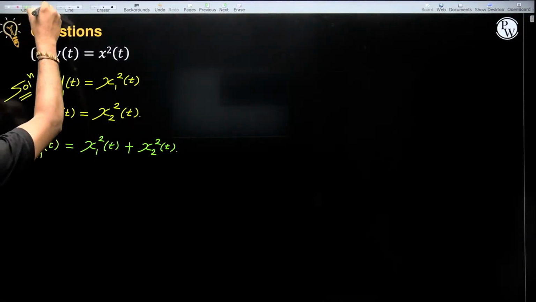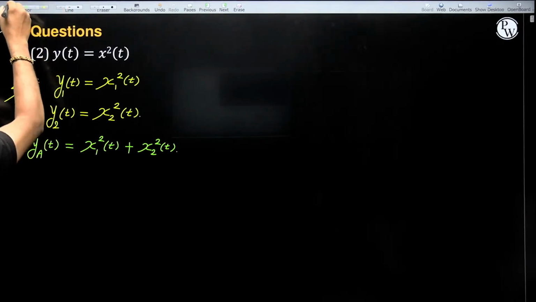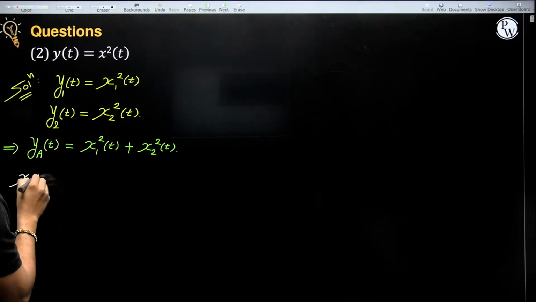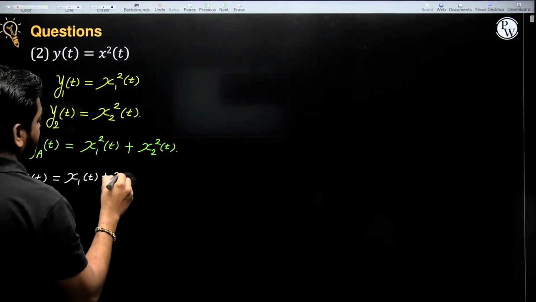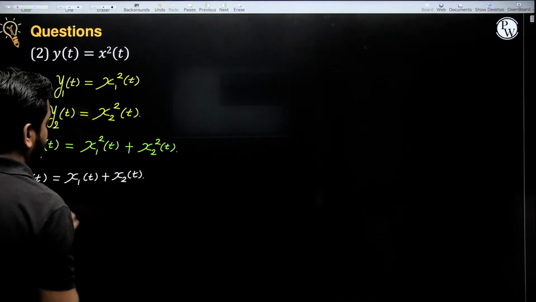Fine. Now find the response due to combined input. Combined input means replace x of t with x1 of t plus x2 of t.